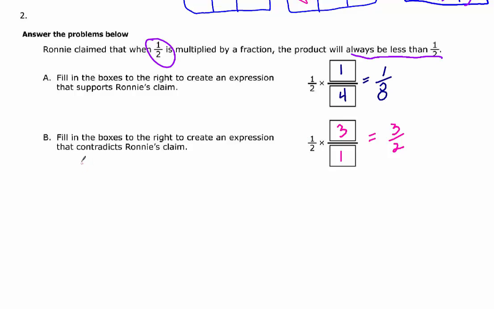So anytime we want to contradict, anytime we want to make the always less than statement false, we have to multiply by a number bigger than 1. If we want to support, if we want to make Ronnie look right, we have to take a number that's less than a whole. So that's your work for concept 4.2.